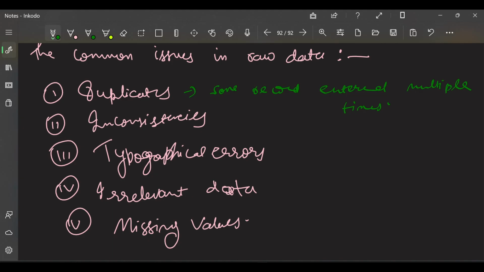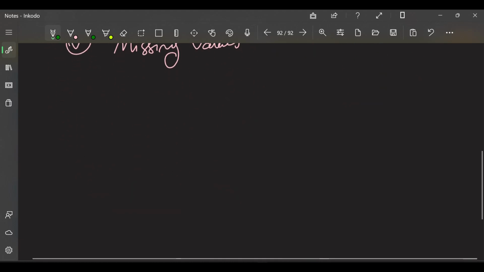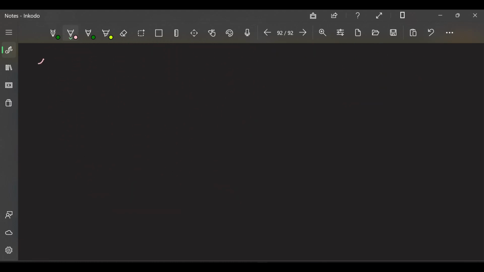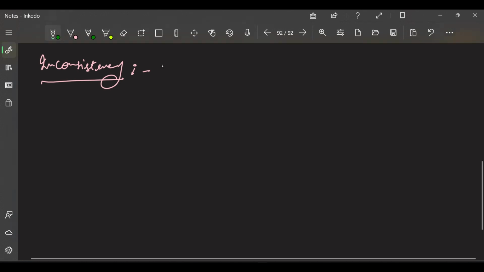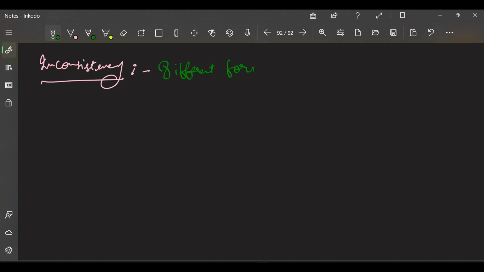The second one is inconsistency. Inconsistency means different formats for the same information.